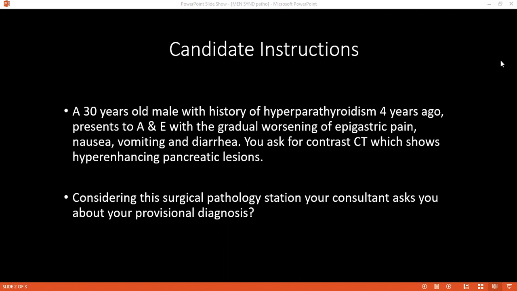In this insulinoma, which genes is it derived from? MEN1 syndrome is associated with a mutation in the menin gene, which is located on chromosome 5, and it causes this syndrome.